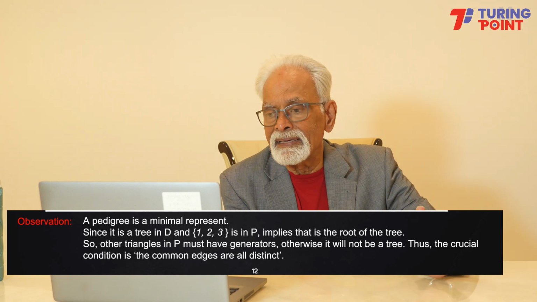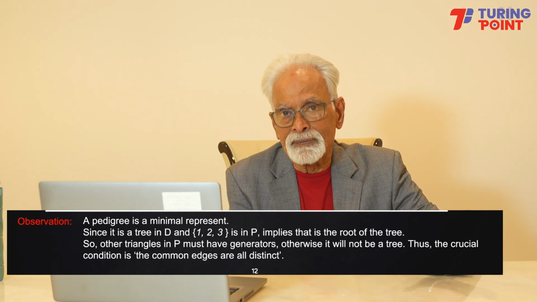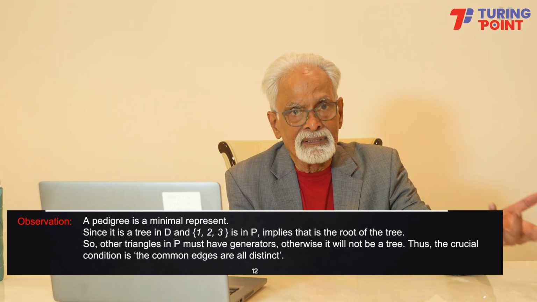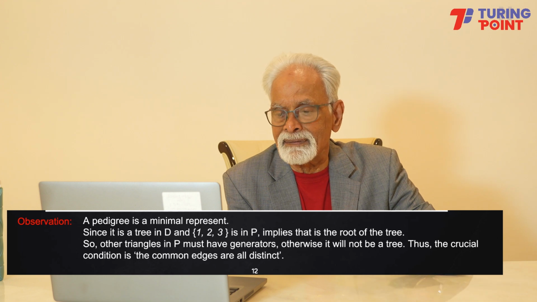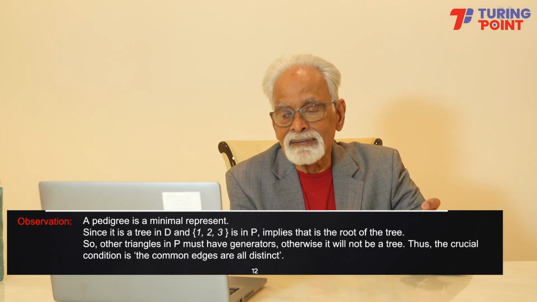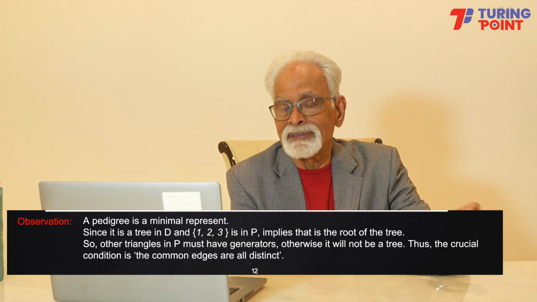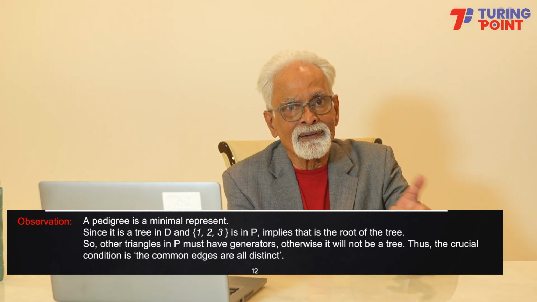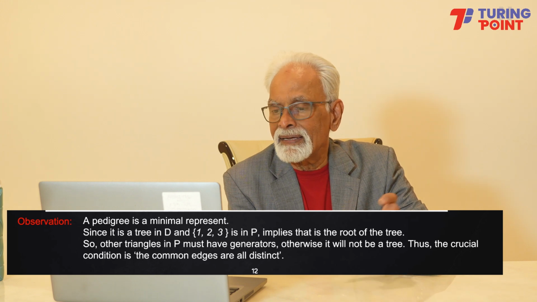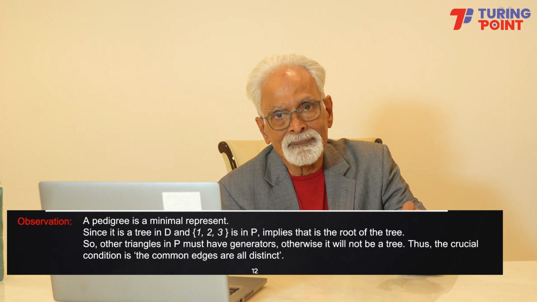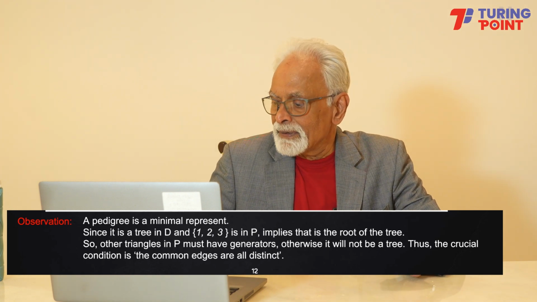And it is a tree, so rooted in 1, 2, 3 implies that, of course, it doesn't have a generator, so that's the reason. And other triangles in P must have generators. Otherwise, it's not a tree because there will not be connection. And thus, the crucial condition is the common edges are different. And we will be making use of this to define pedigree in a different way as well later.